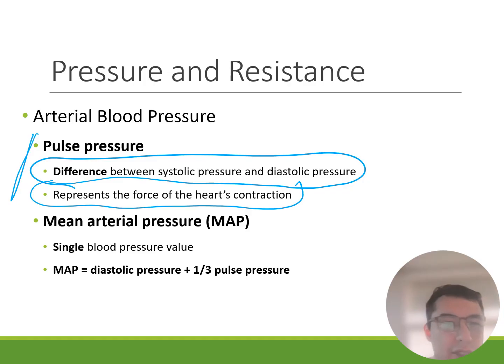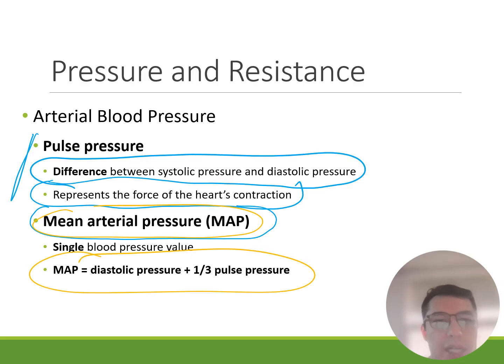We have mean arterial pressure, which we use so that we can have just one pressure value to give us a reference. As you calculate some of the physiological changes, it may be easier to just deal with mean arterial pressure.